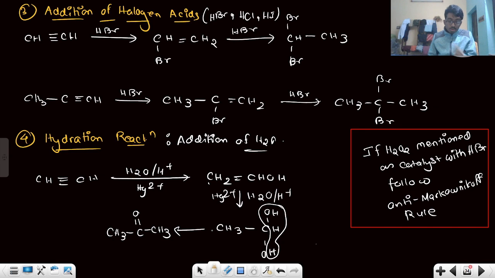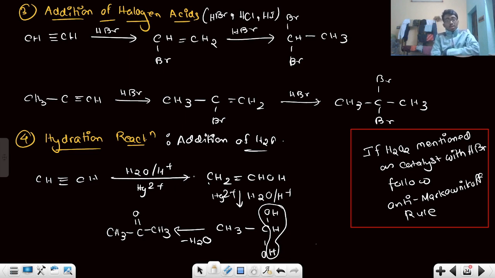So water will go out as H2O. Tell me, understood? It will undergo tautomerism. There you can directly see OH and a double bond are there. It will undergo tautomerism and form a ketone. It will form what? Ketone. Okay, understood? So this is the hydration reaction in the case of alkynes.